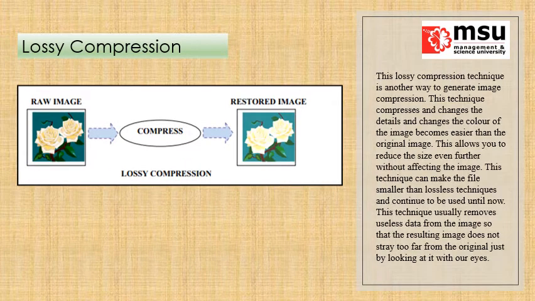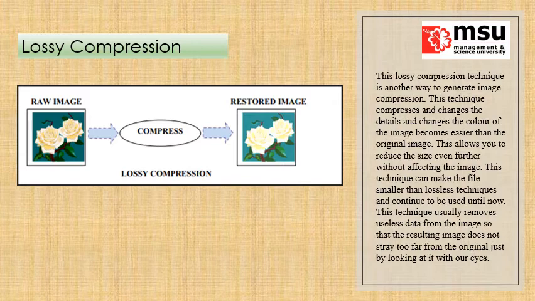Lossy compression. This lossy compression technique is another way to generate image compression. This technique compresses and changes the details and the color of the image to become simpler than the original image. This allows you to reduce the size even further without affecting the image.